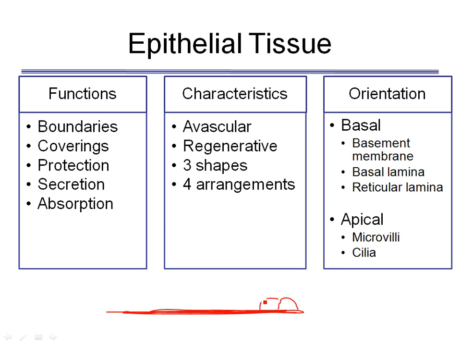Then we would have cells, maybe one layer, maybe more than one layer, but we'd have cells. Let's put some nuclei in our cells. Okay, and then what we can talk about now is the surfaces. This surface touching the deep basement membrane is the basal surface. This surface in contact with the environment is the apical surface.